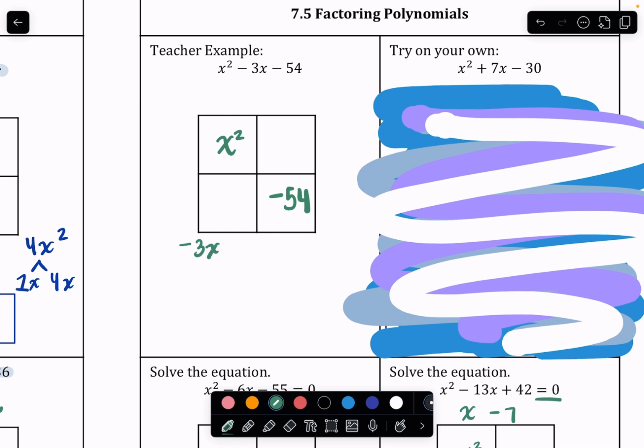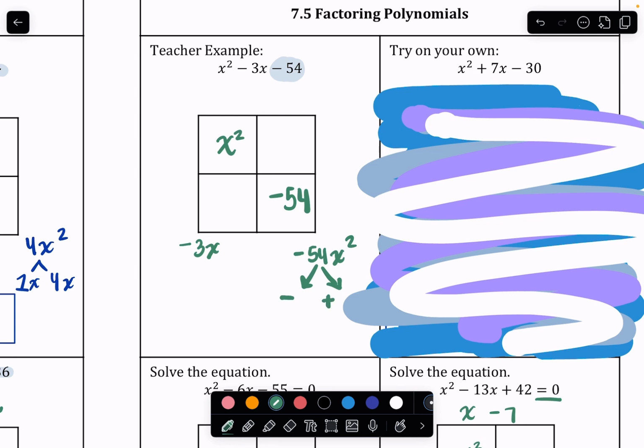bit of a different pattern. Now notice my last value, my c term in this polynomial, is negative. Because this is negative, I have to be careful. So I'm looking for factors of negative 54x. Because my value is negative, of the two numbers, the two factors, one must be negative and one must be positive.